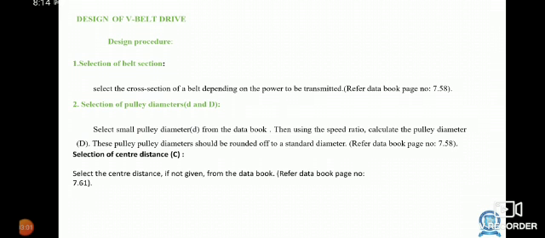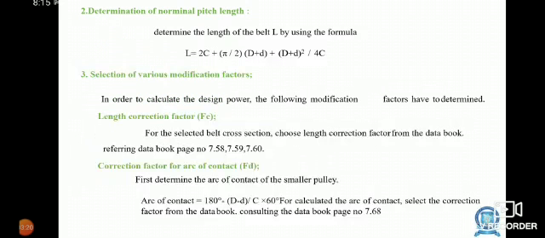Then using the speed ratio, calculate the pulley diameter capital D. This pulley diameter should be rounded off to the standard diameter, referring to page number 7.58. Selection of center distance C: select the center distance, if not given, from the data book, consulting page number 7.61.